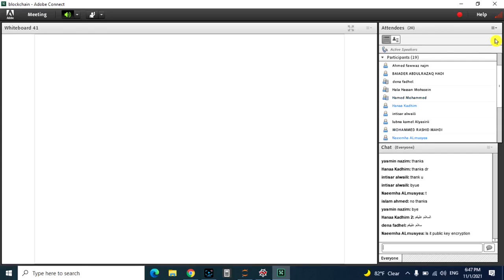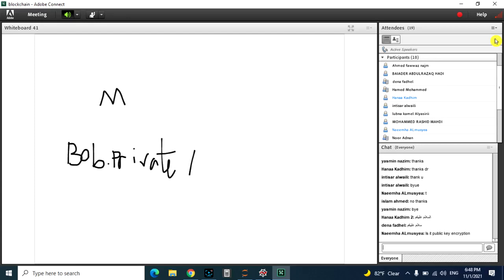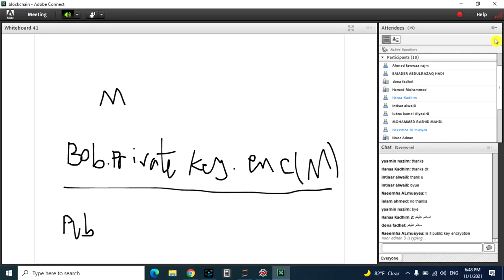Suppose that I have a message M. If I encrypt the message with my private key, for example, I'm Bob, Bob's private key encrypts M. This is a signature.